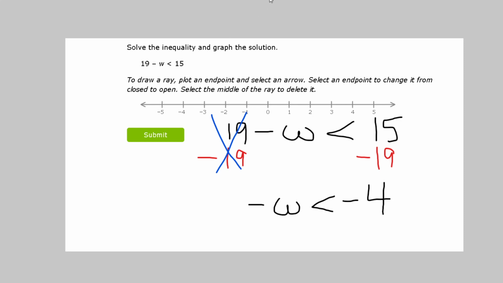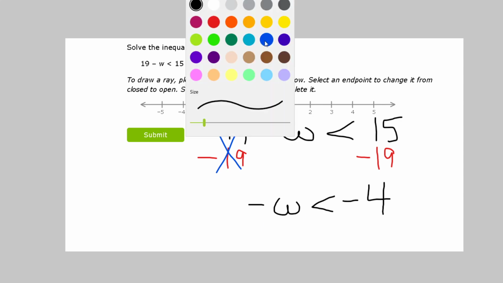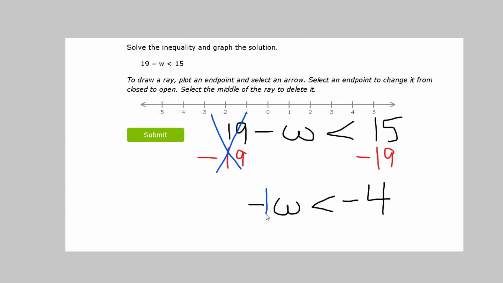Now, this is where the golden rule comes in. So, we have a negative 1 here, right? Negative w, this is really like a negative 1 times w. So to get rid of this negative, all we need to do is divide both sides by a negative 1.